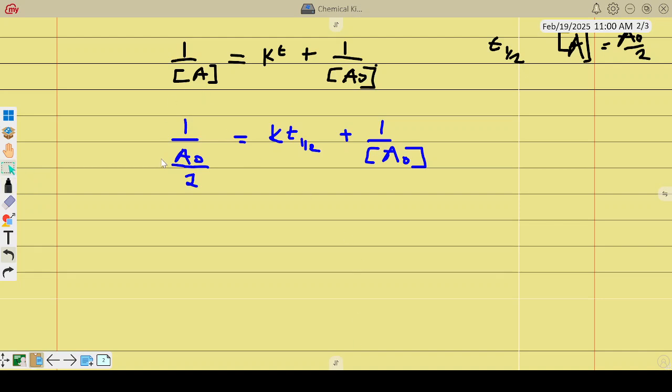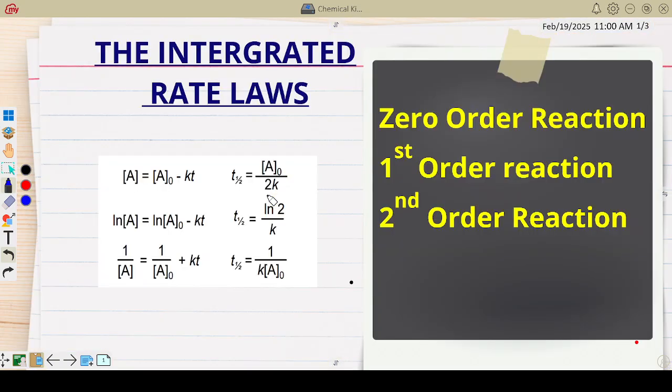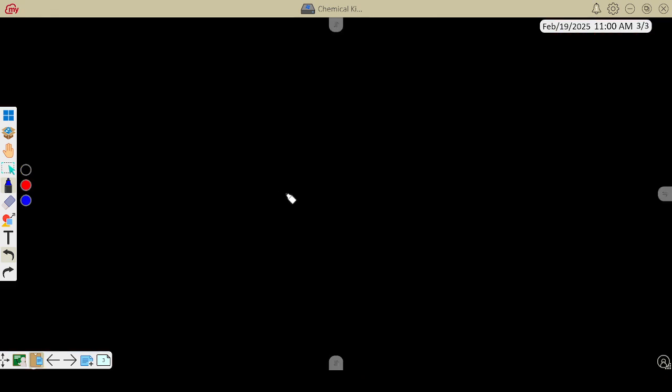Okay, so we have 1 over A naught over 2. How do we simplify it? This simply means we have 1 divided by A naught over 2.